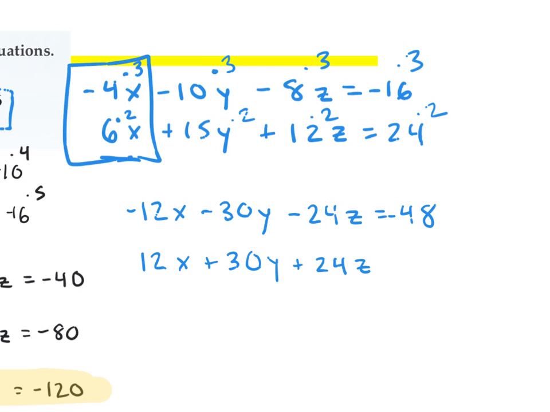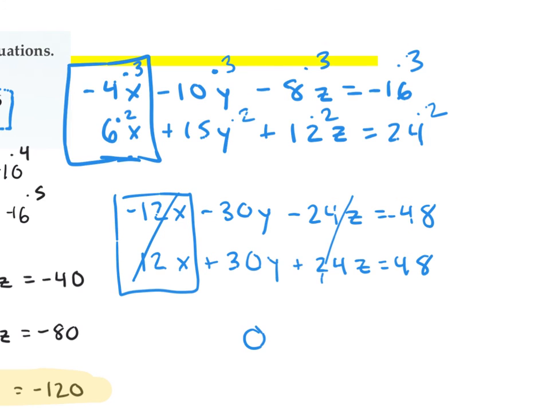So we're combining our first two. What happens to our x's? They cancel out. What's negative 30y plus 30y? 0. What is negative 24z plus 24z? 0. And what is negative 48 plus 48? 0.